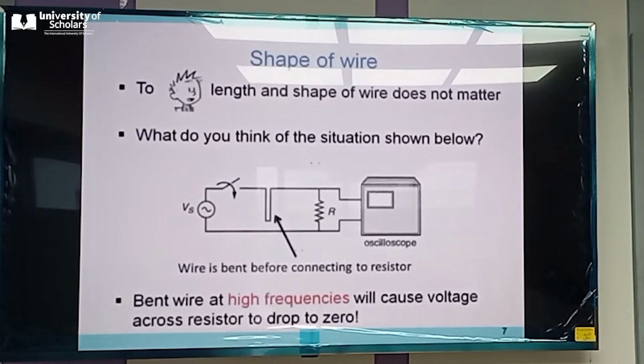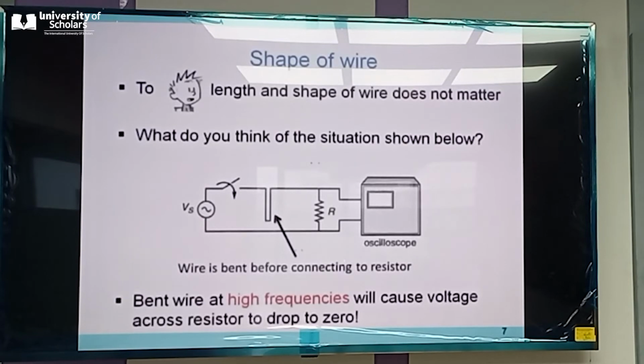This is something that one cannot understand from the circuit point of view, because for circuit people this bent wire is equivalent to a straight wire. There is no reason why the shape of the wire should influence the output voltage across the resistor, right? This is what circuit people think.